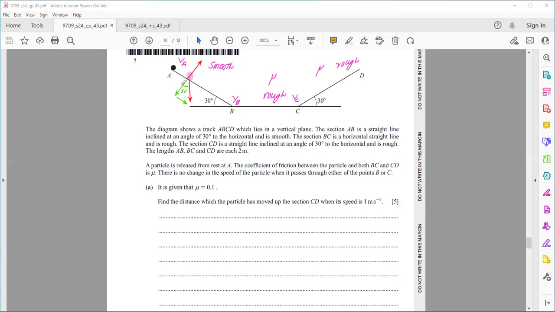If the mass is not given, you have to consider mass m, and its weight will be mg. So what are the components? This component is mg cos 30 degrees, and this component will be mg sin 30 degrees.